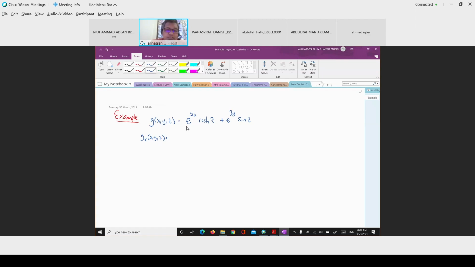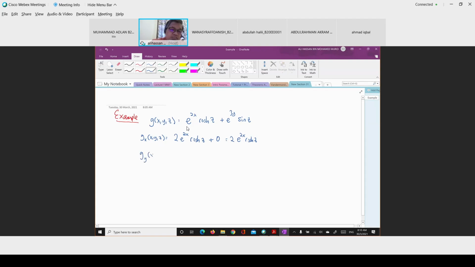Only the first term contains x, so the derivative of e to the power of 2x is 2e to the power of 2x cosh of z, plus 0, because the second term has no variable x. Since we are treating y and z as constants, when we differentiate the second term with respect to x, it is 0. So this is 2e to the power of 2x cosh of z.